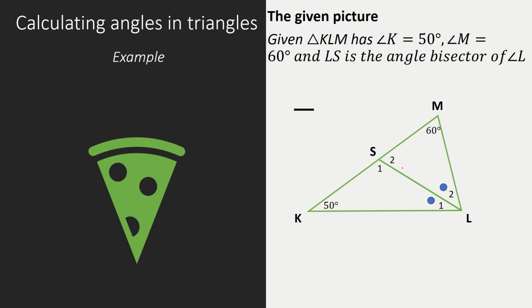I really think that the angle bisector is important to know, because now I know that angle L1 is angle L2. And of course, it's important to know how many degrees angle K and angle M are.